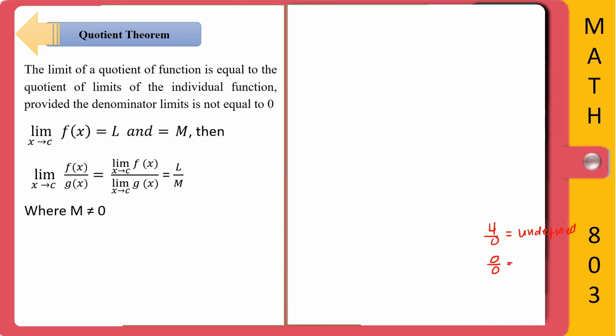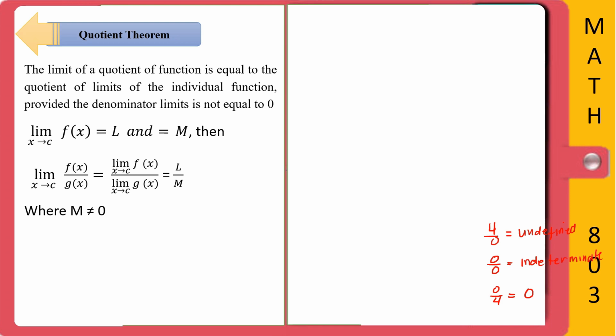If we get 0 over 0, the answer will be indeterminate. And let's say, for example, we have 0 over 4. Now the final answer will be 0. So that is the difference between the three.